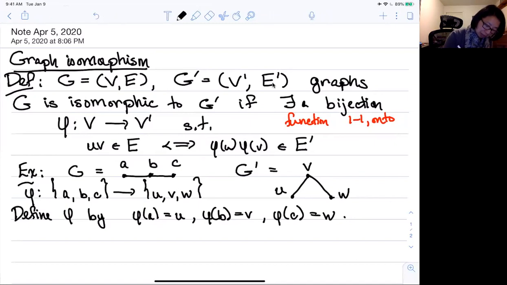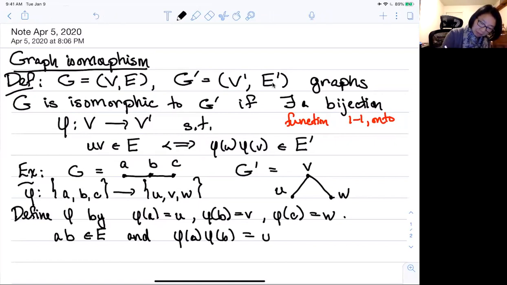So there are two edges. We have an edge AB, and so this is in E, and if I look at phi of A, phi of B, well, phi of A is U by my definition, and phi of B is V, and I can see, in fact, UV is one of the edges that I've drawn in G prime, okay?